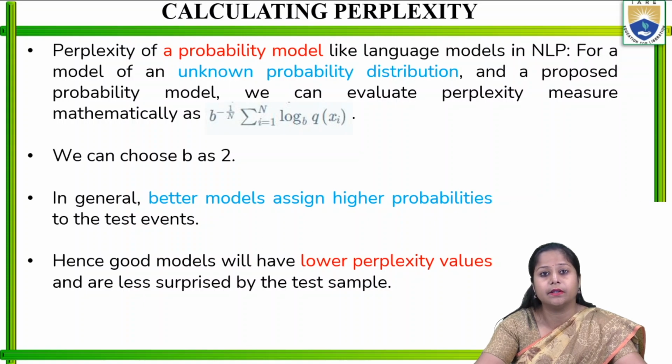By that we can get the perplexity of a language model. We can also choose b as 2.